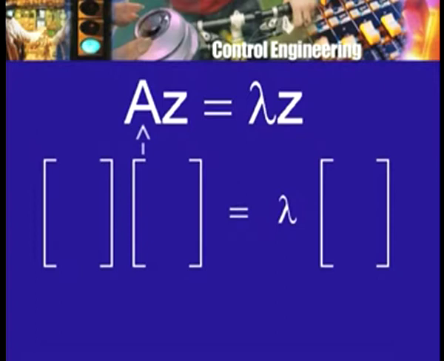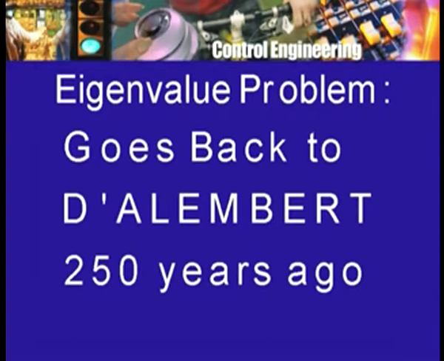And this is an important problem in the study of matrices when we apply that study to the study of differential equations, in particular system equations or control equations. Given a square matrix A, how to find out its eigenvalue eigenvector pairs, how many there are, and to find out all of them. This is known as the eigenvalue problem.